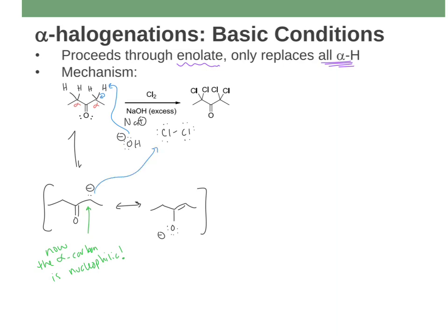So now this can go attack a Cl2 and kick out the other chloride, giving us our product. And the Cl minus. And well, let me just stop there. So that's how you get the product with one chlorine.